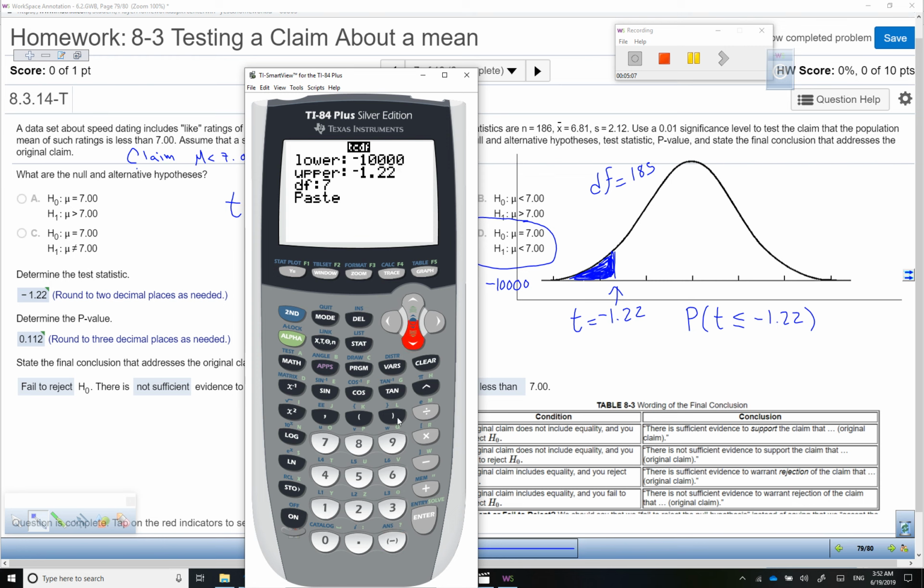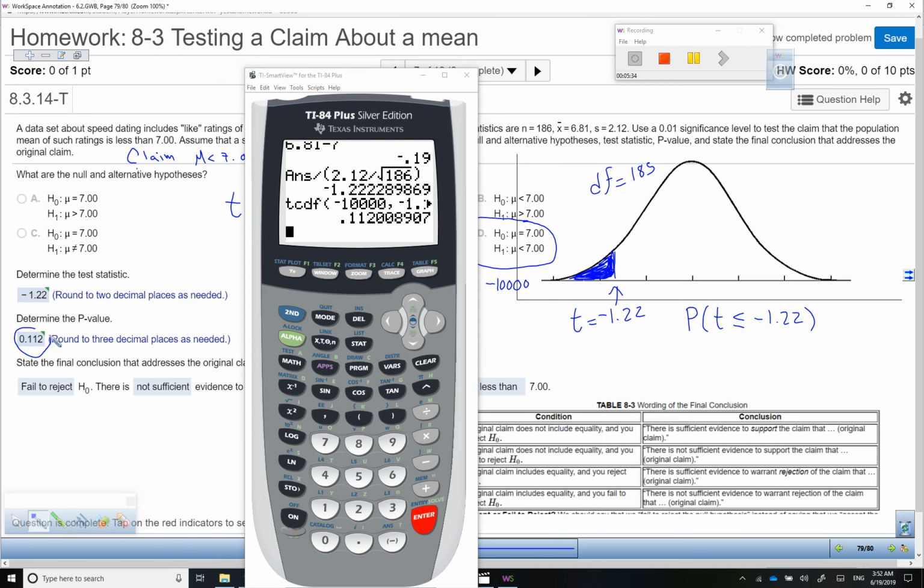The degrees of freedom is 185, and I hit enter, and that is the p-value, 0.112. That is this number right here.